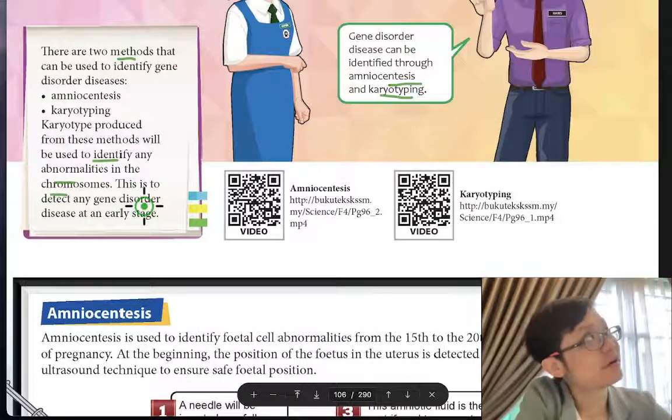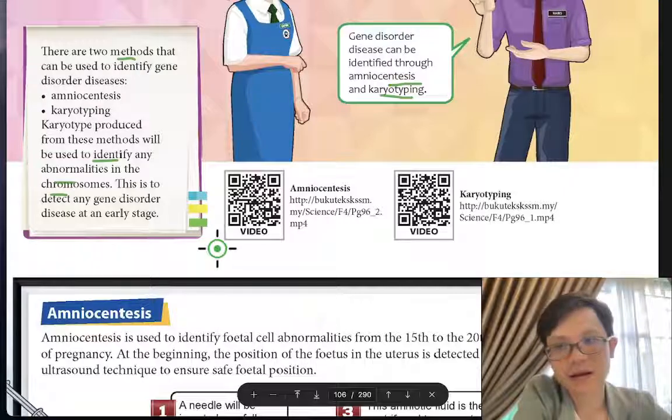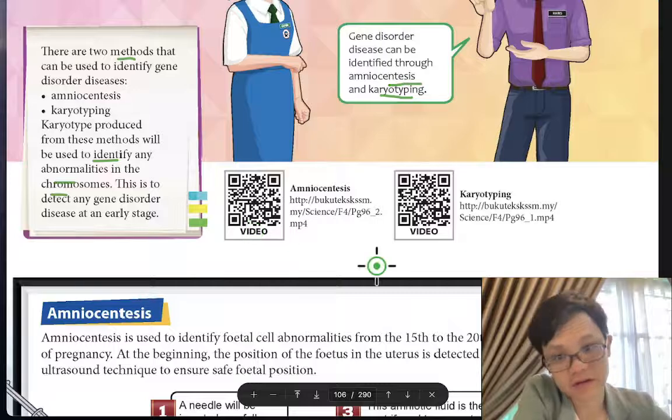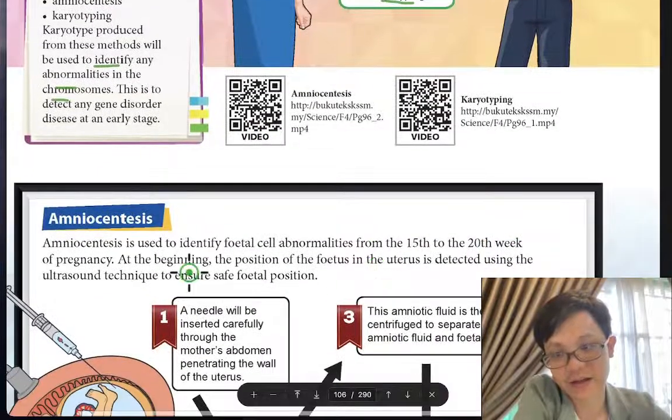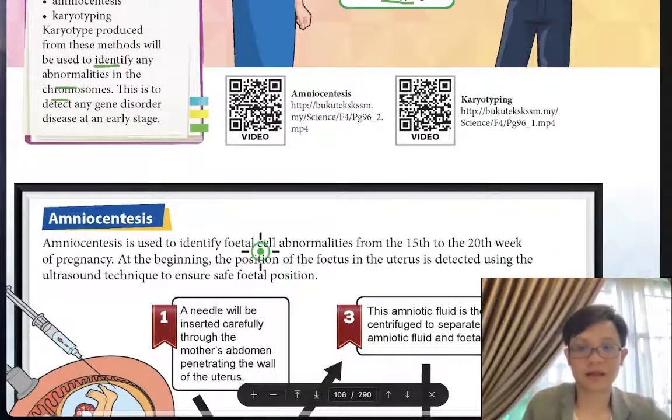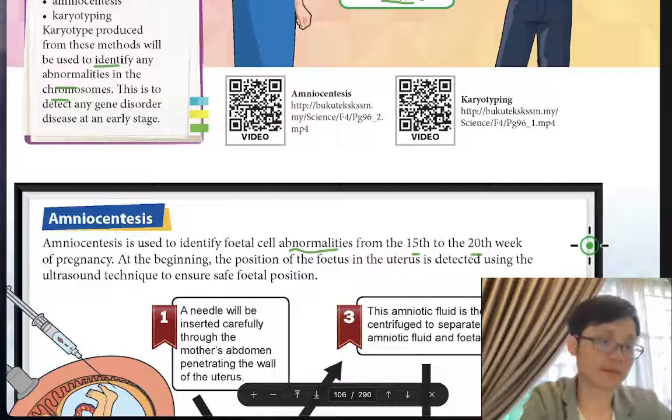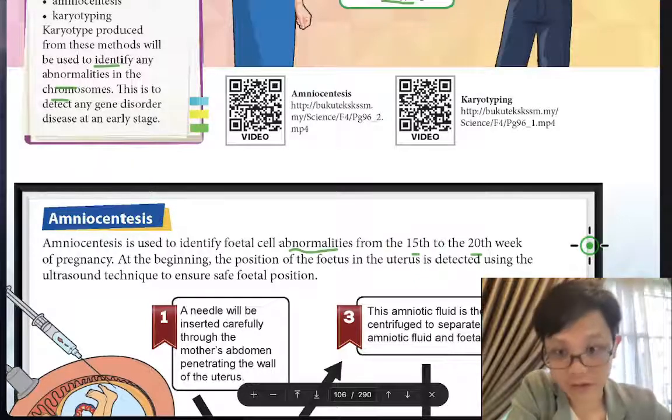Sometimes I'm wondering, if you find your baby has an issue, whether you want to abort the baby or not. So you can see that we can know the baby's abnormalities at 15 or 20 weeks. So 15 and 20 weeks means the baby hasn't been born yet.